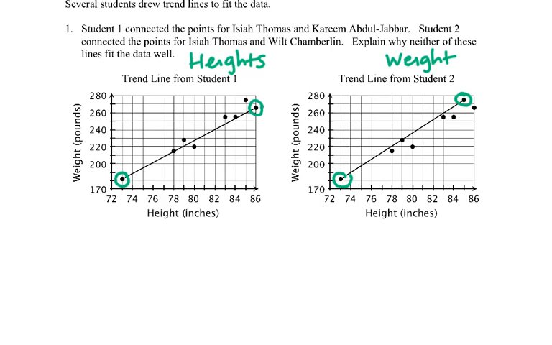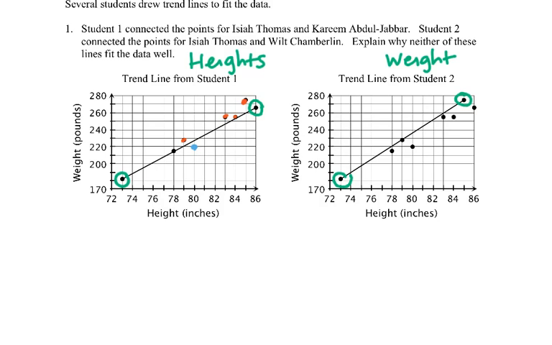Neither of these are actually great representations, okay? And the reason why is if you look here, we have 1, 2, 3, 4 points above this trend line, and we only have 1 point below. And so it's not representing all of our data equally, right? So that one's kind of skewed too low.